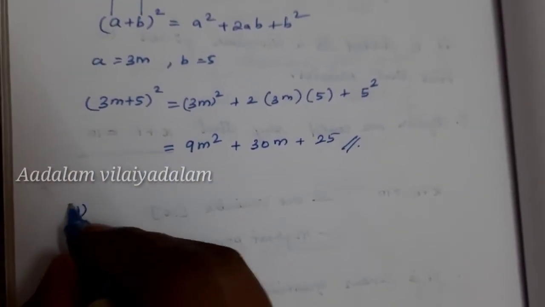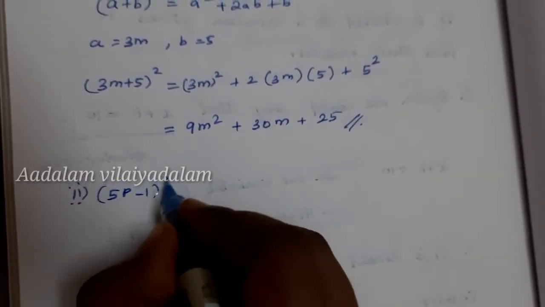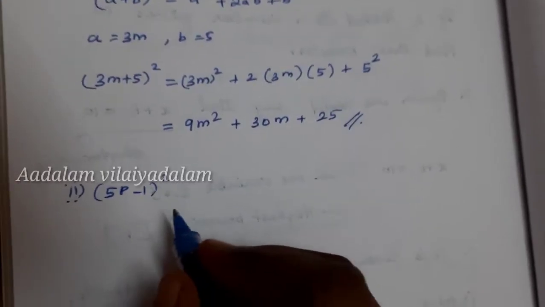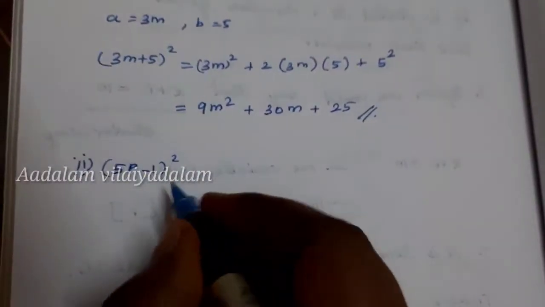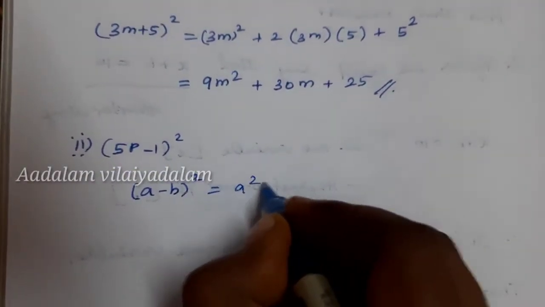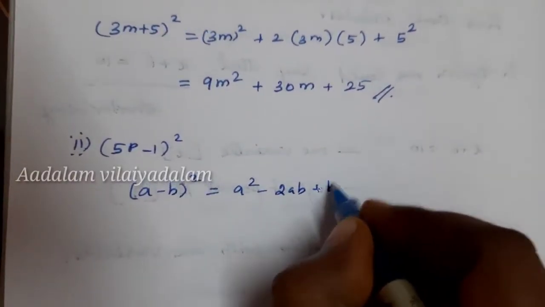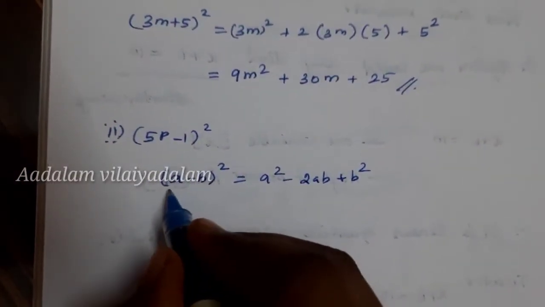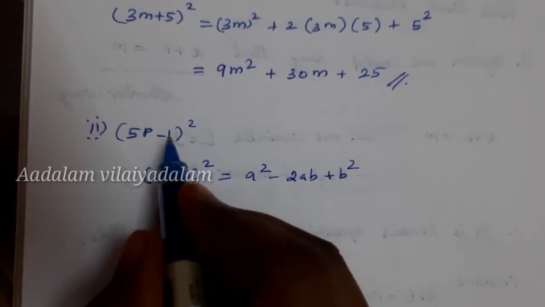Now the second subdivision is (5p minus 1) the whole square. The suitable formula for this is (a minus b) the whole square equal to a square minus 2ab plus b square. Now instead of a and b let us choose 5p and 1.